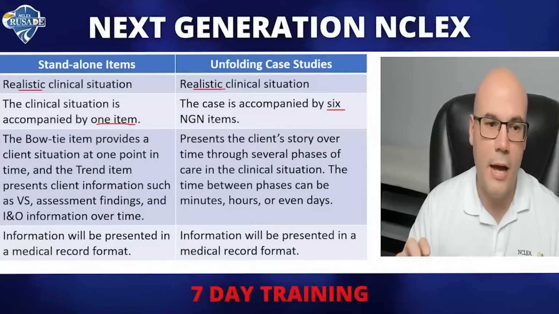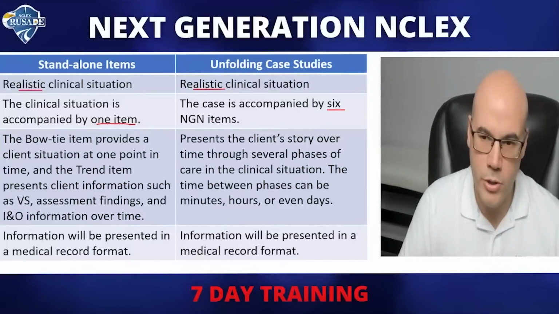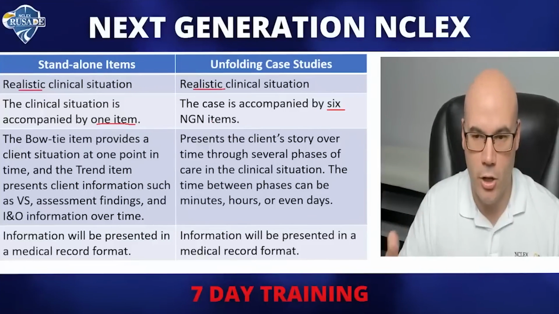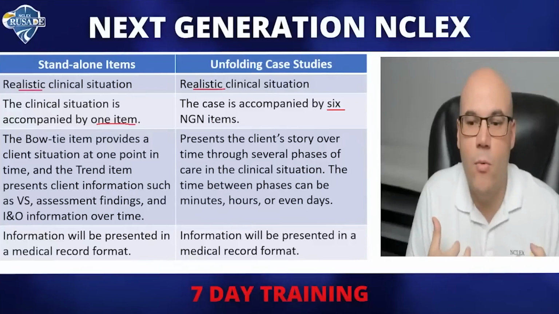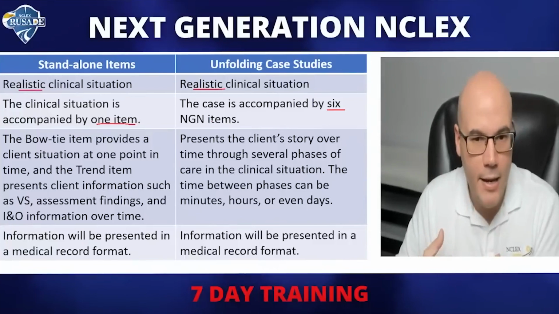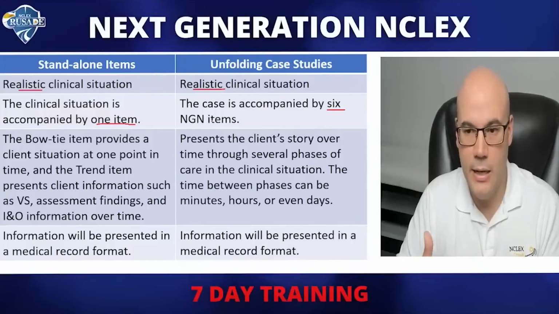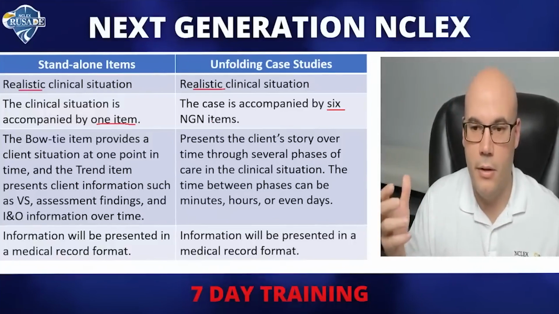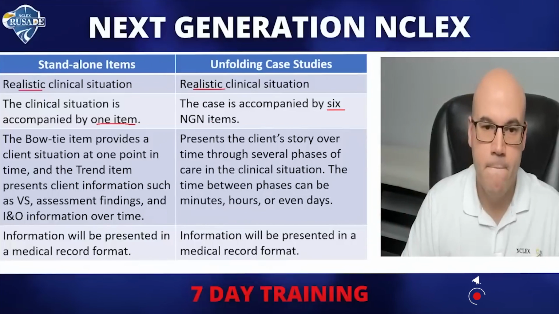Both styles of question will have information presented in a medical record format. In other words, it's going to look as if you're really looking at the patient chart. That is the feeling that the NCLEX wants to create, that you are in a real scenario in a hospital. Okay?